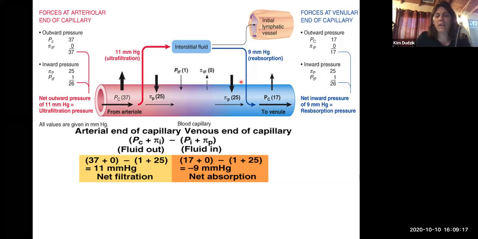But the colloid osmotic pressure didn't change. And the hydrostatic pressure fell below the colloid osmotic pressure. So remember, this makes the venule end more hypertonic, and it overcomes the hydrostatic pressure of the fluid wanting to press out. So fluid gets drawn back in. So we get a net reabsorption on the venule end.